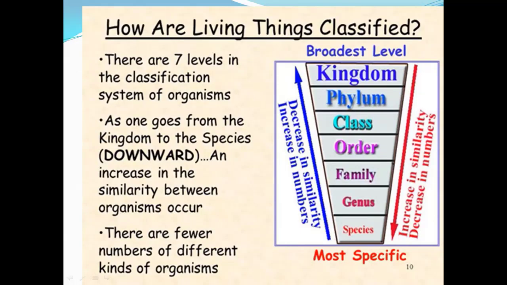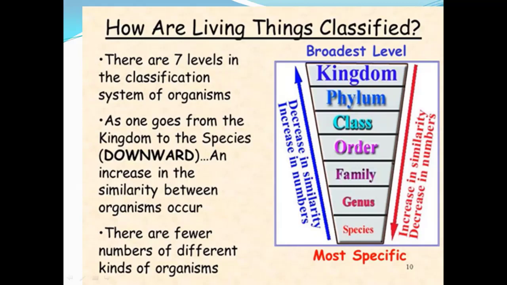Let's talk one by one about how living things are classified. As I told you, they are classified into 7 different levels, and one goes from the kingdom to the species, that is from top to bottom. The top, the broadest level of classification, is the kingdom, whereas the most specific, the smallest level of classification, is the species.